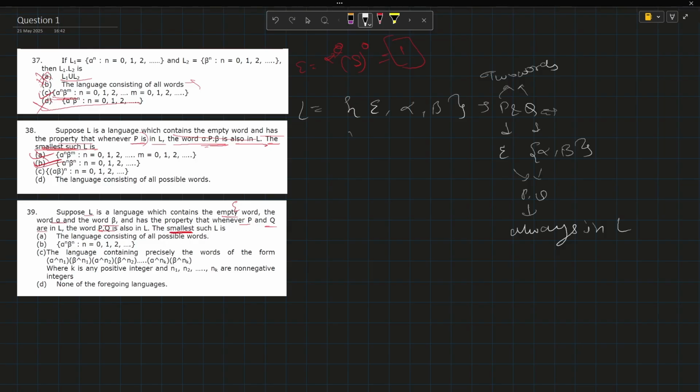But if we take P and Q from any part except the empty word, like P as alpha and Q as beta, then for this one the product PQ we have to add again to L. So let's start.